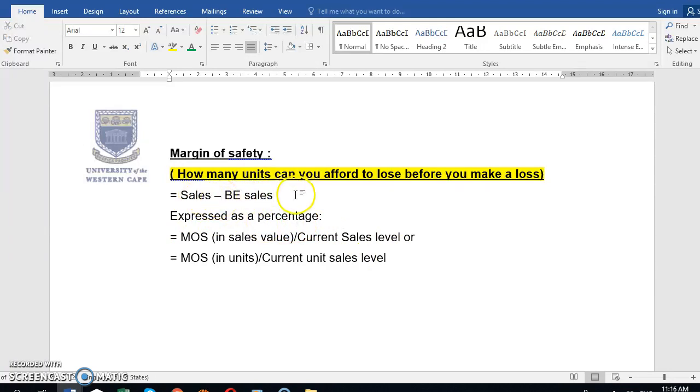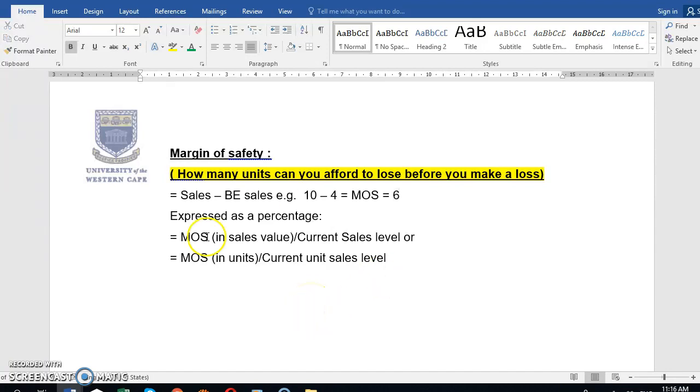So for example, if your sales is 10 and your break-even is 4, that means you have a margin of safety, MOS, equal to 6. In other words, you can afford to lose 6 units of sales before you make a loss.